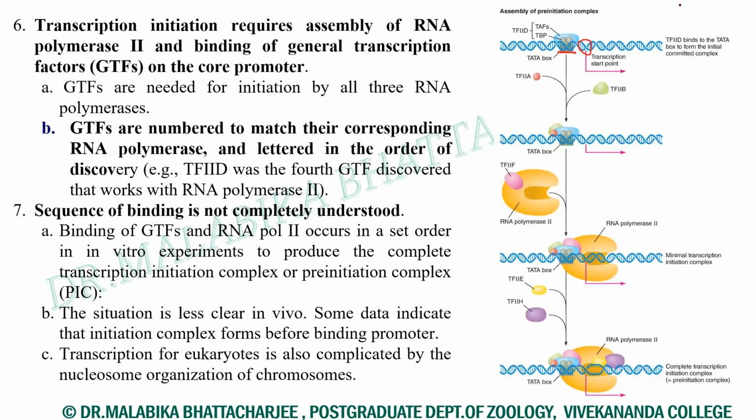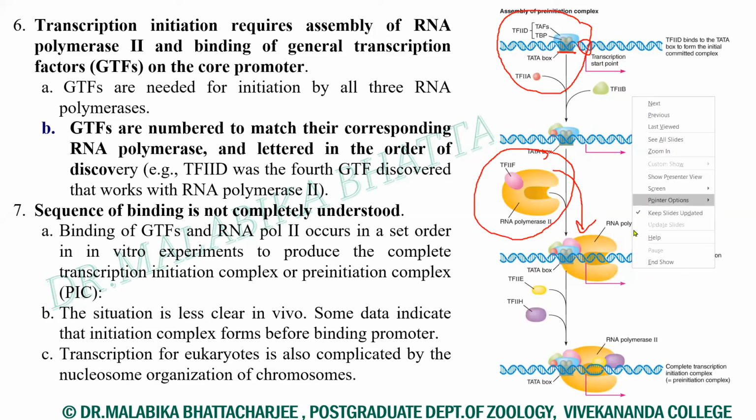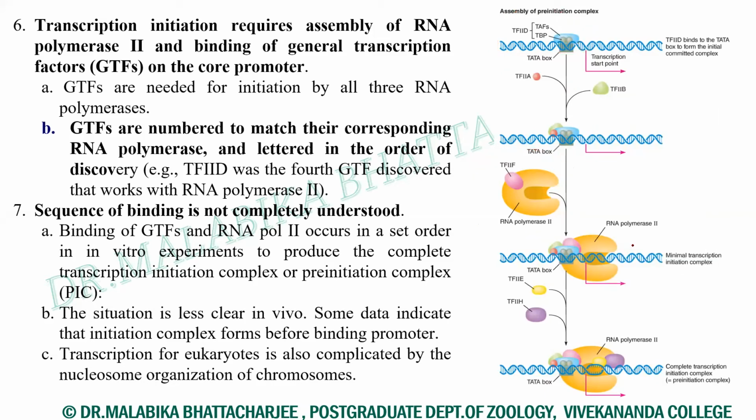So we are seeing that the general transcription factors are initially binding to the core promoter region, and then they are recruiting the polymerase to that region. So this is one thing that is important about eukaryotic transcription.